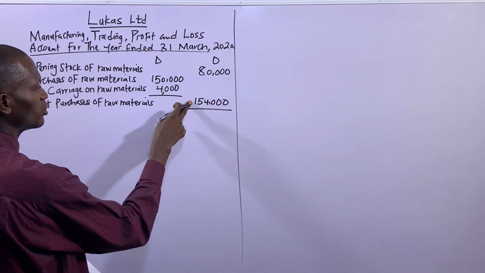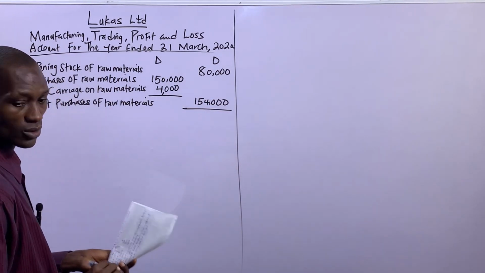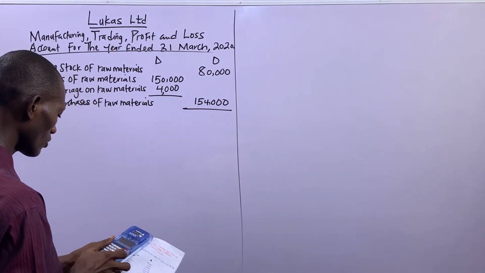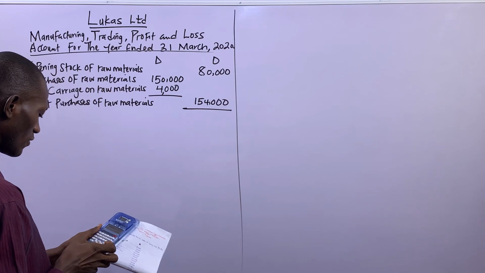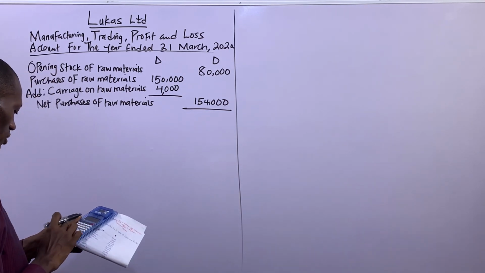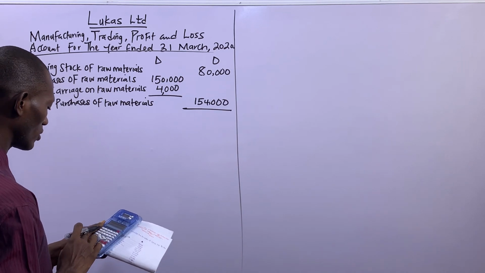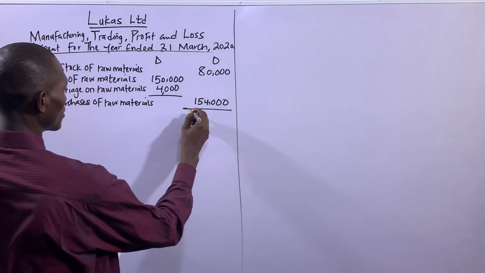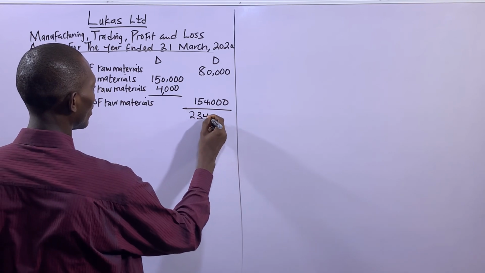Then we add our net purchases to the opening stock. That's 80,000 plus 154,000, which gives us 234,000.